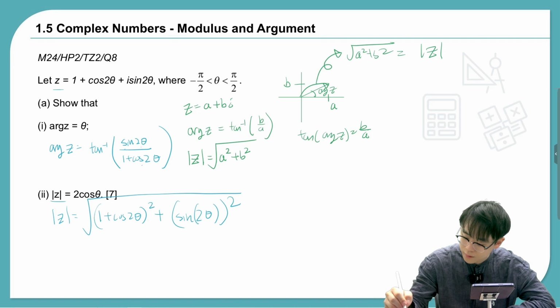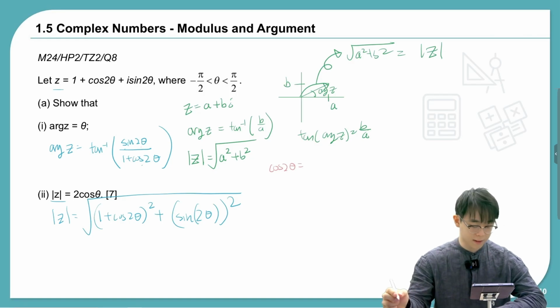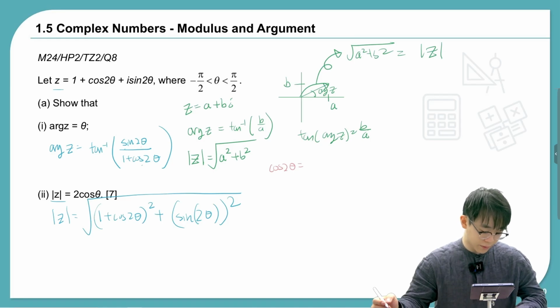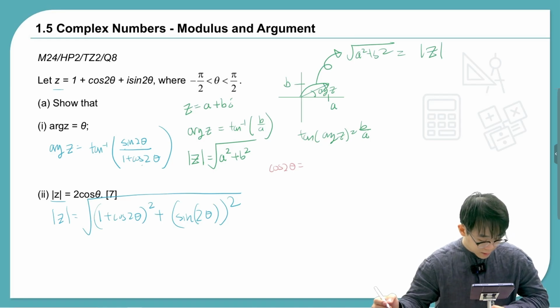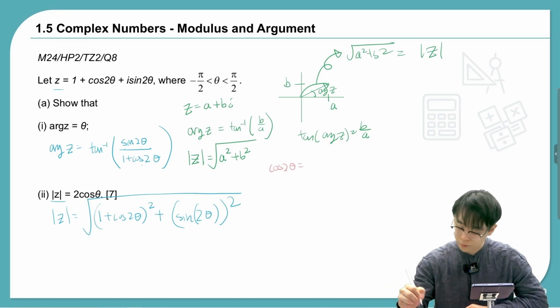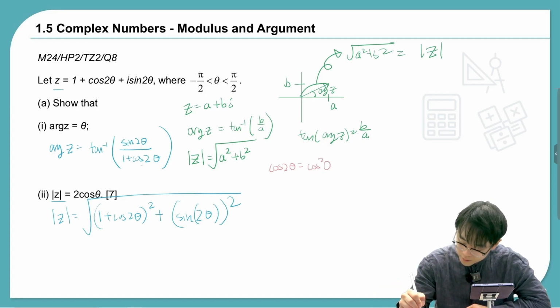So let's take note of the idea that cosine 2 theta, if you use this identity, is basically 2 cosine squared theta minus 1. We could also say this is cosine squared theta minus sine squared theta.